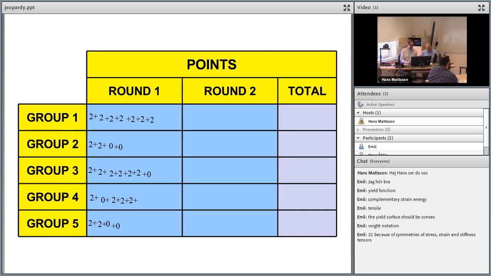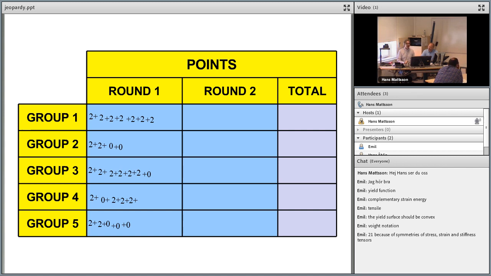So, here we have the points before round 2. It takes some time, so we will not have any break before round 2. But round 2 will go quite much faster, you will see.